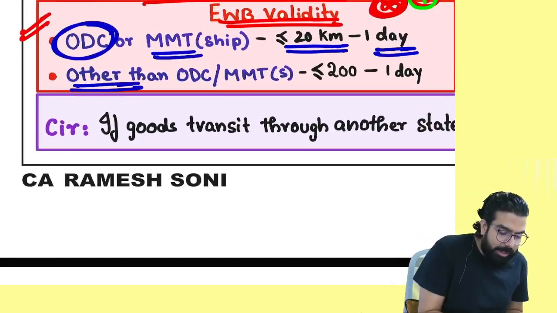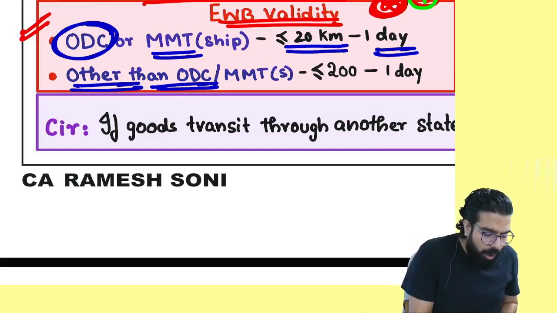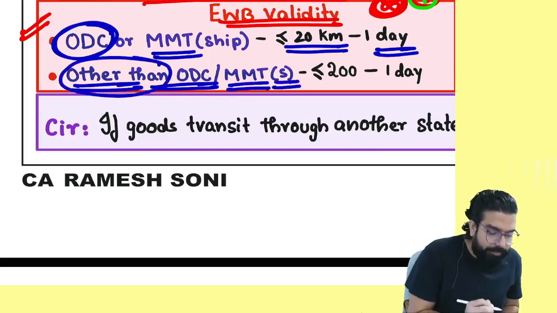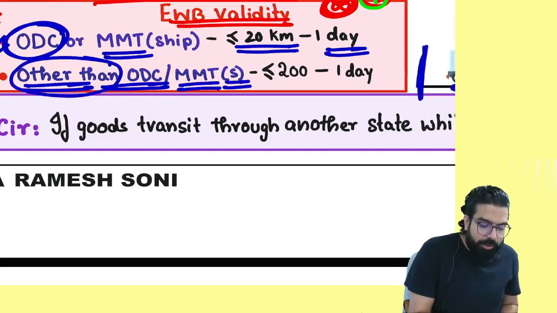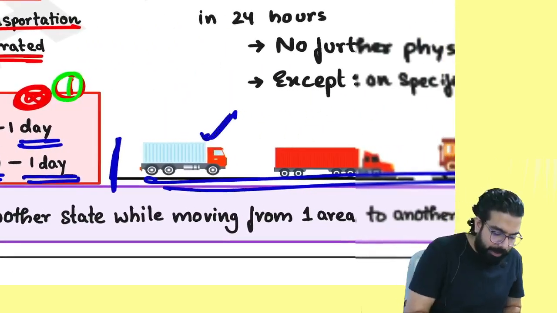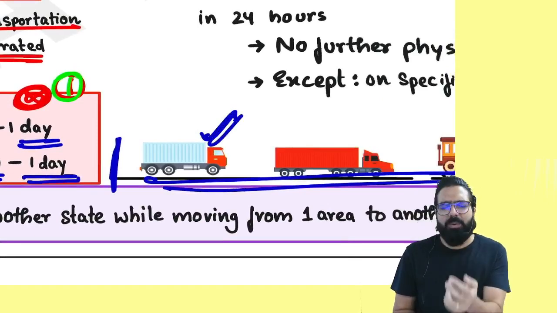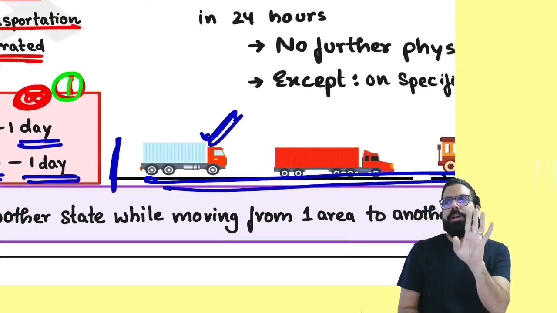But any other than over-dimensional cargo, meaning normal truck, or multimodal shipment where ship is not involved, other than these two, it is always 200 kilometers for 1 day. Let me ask you: if I am sending the goods by normal truck, validity? 1 day, how many kilometers? 200 kilometers.